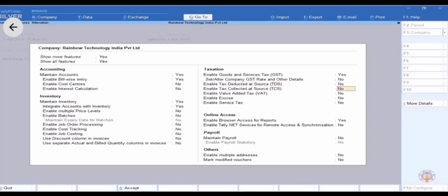Next, enable tax collected at source, TCS. Similar to TDS, if it is the liability of the business to collect TCS on the business income, then in such case, the TCS feature needs to be activated in the Tally data. The applicability of TDS and TCS compliance is as per the income tax rules in the business.